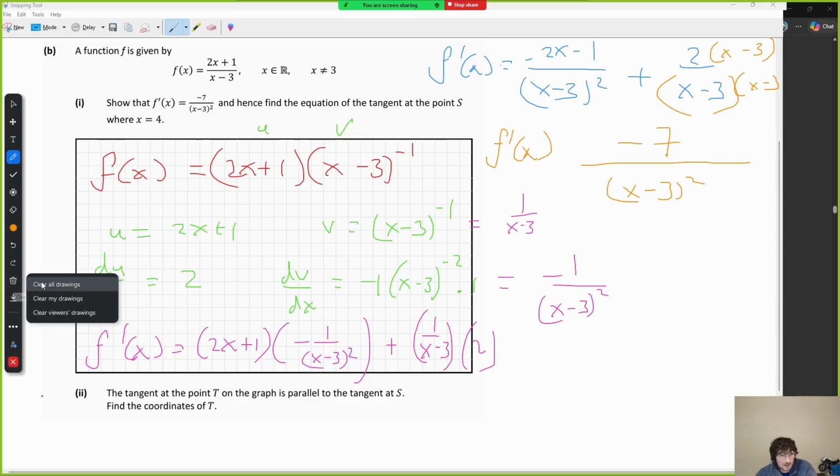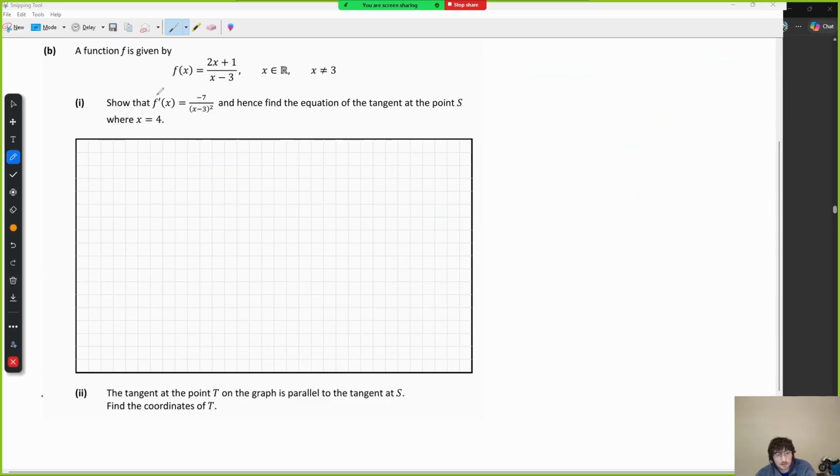Another thing, just to comment here, they haven't asked it in this question, but you could be asked to explain why f of x is always decreasing. It is always decreasing because, as we said, if a function is decreasing, its derivative is always less than 0. If its derivative is always negative, then this function is always decreasing in value.